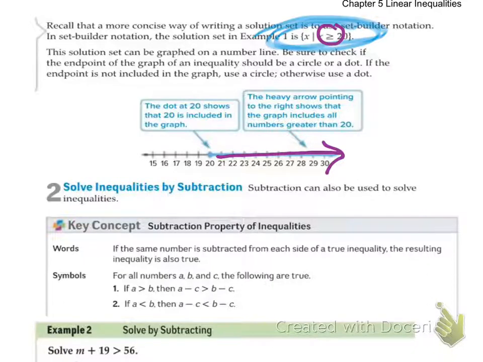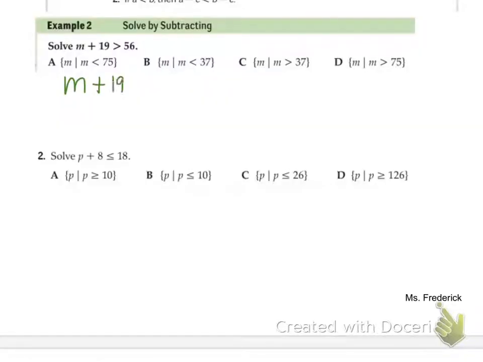In our next example, we're going to be doing subtraction, where we have a similar idea: if I subtract C from both sides of A and B, the inequality will still stay true. In this example, they gave us multiple choice, so I'm just going to rewrite it first so that we can look at the equation while solving it.